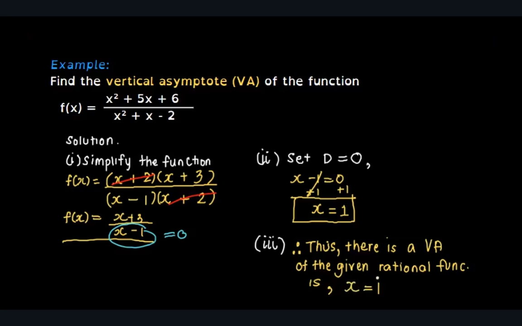Okay? So this is our final answer in this case, and that is how we interpret the final answer for our step 3. Okay? So that is the vertical asymptote.